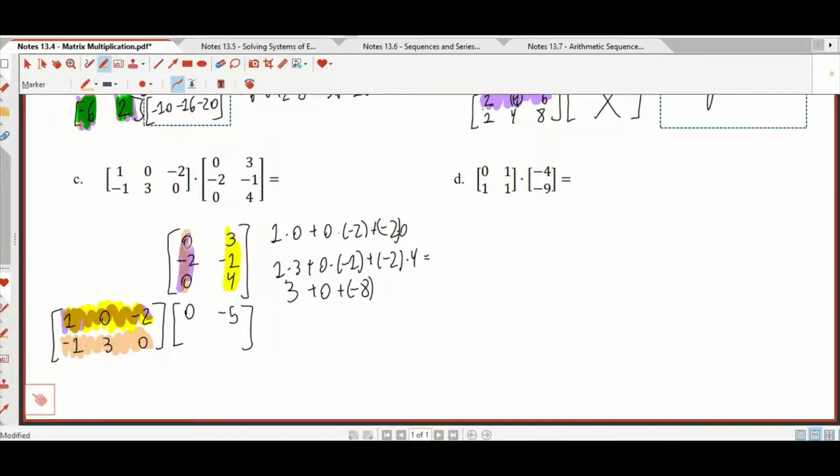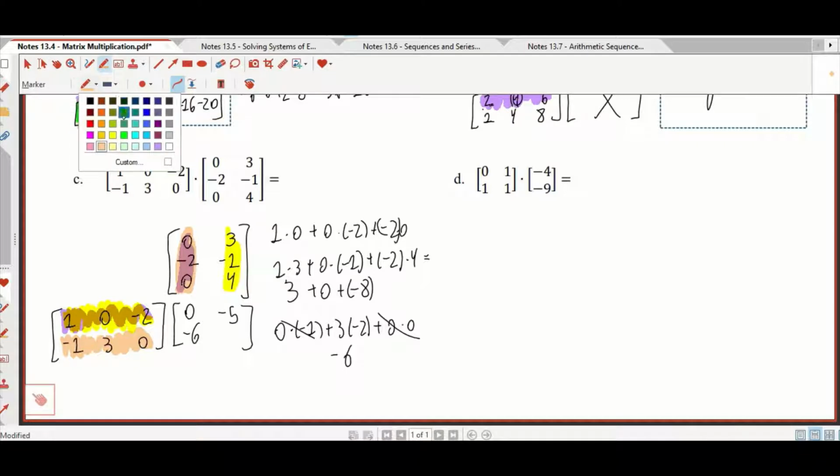This row times this column: 0 times negative 1 plus 3 times negative 2 plus 0 times 0. Nice, nice. 3 times negative 2 is negative 6. And last, but certainly not least, is this row times this column to get this entry.